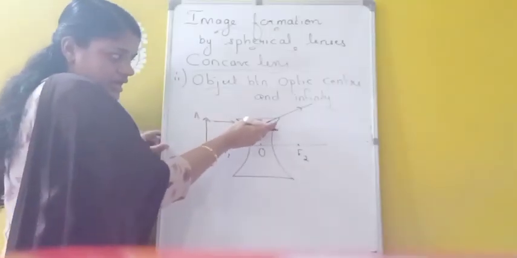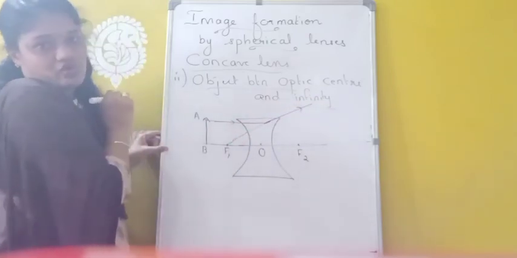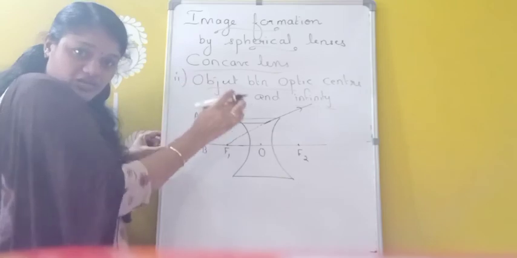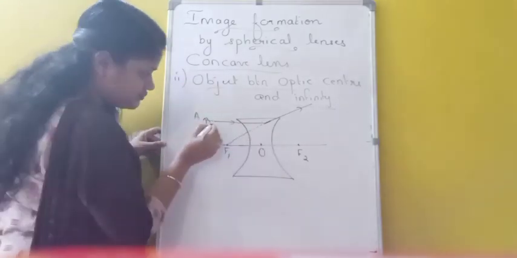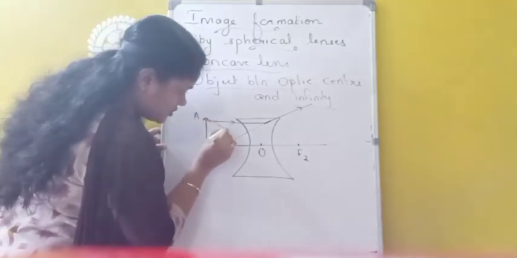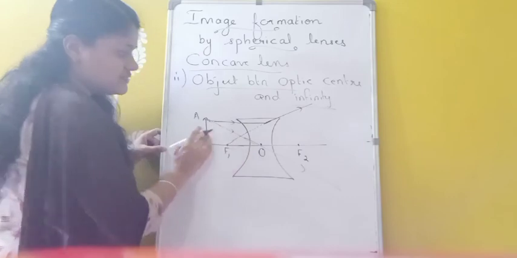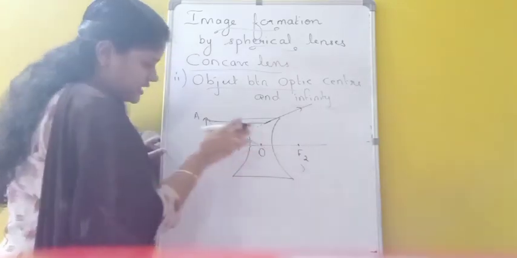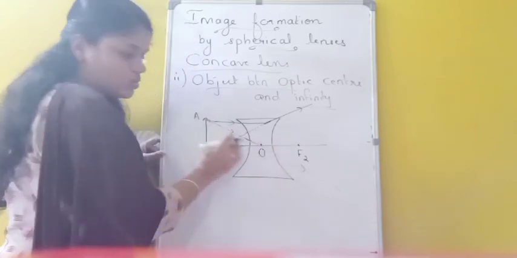So a light ray passing parallel to the principal axis after refraction appears to diverge from focus. Now we are considering another light ray coming from the object passing through optic center. It will not undergo any deviation. A light ray passing through optic center will not undergo any deviation.